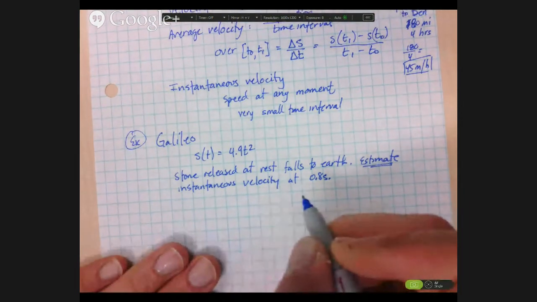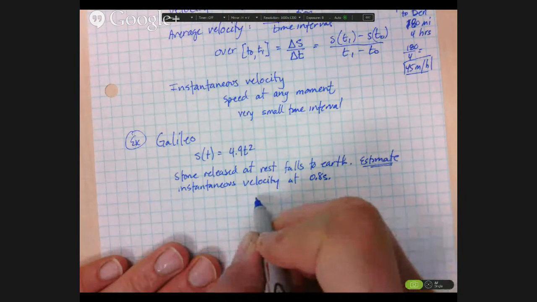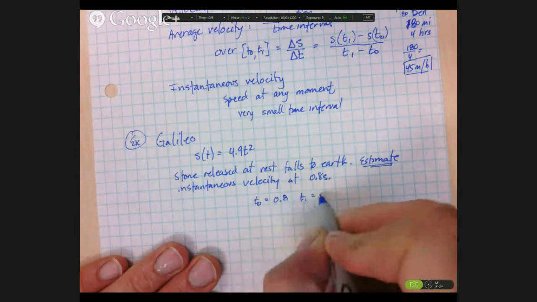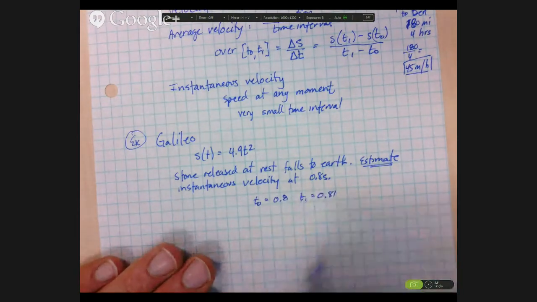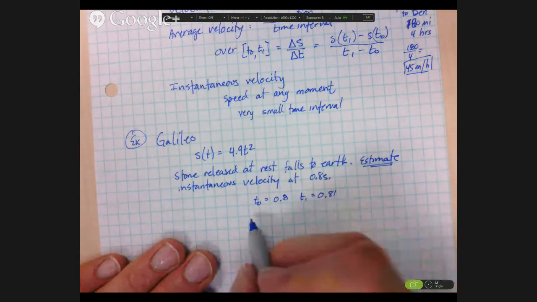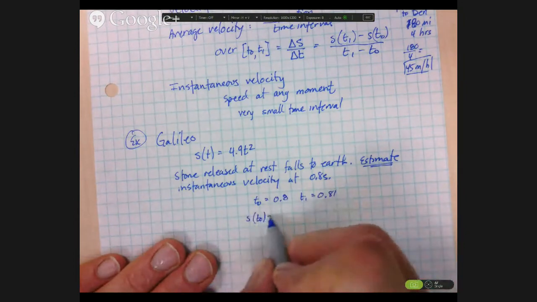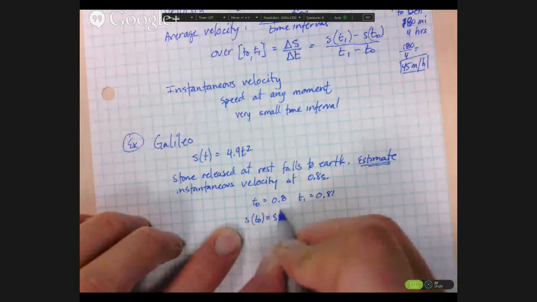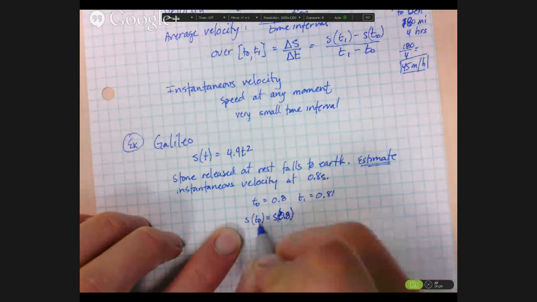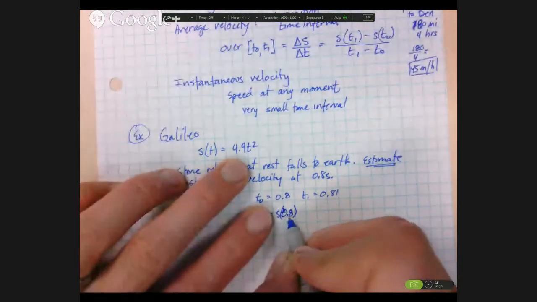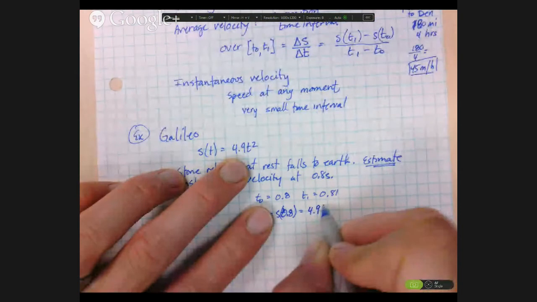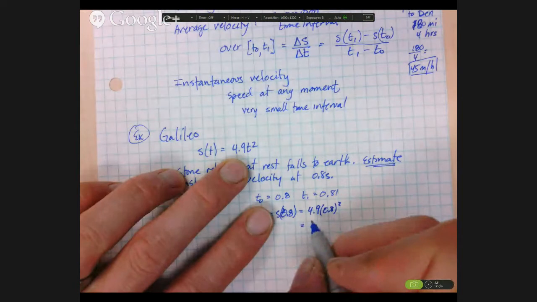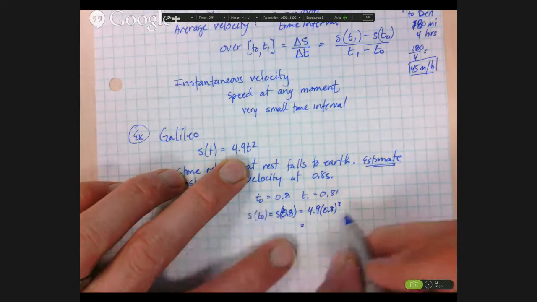Let's say we try time 0 to be 0.8 and time 1 to be 0.81. It's a really small time interval, 1/100th of a second. So if we plug this in here, so t0 goes in, it's 0.8, 4.9 times 0.8 squared, 3.136.